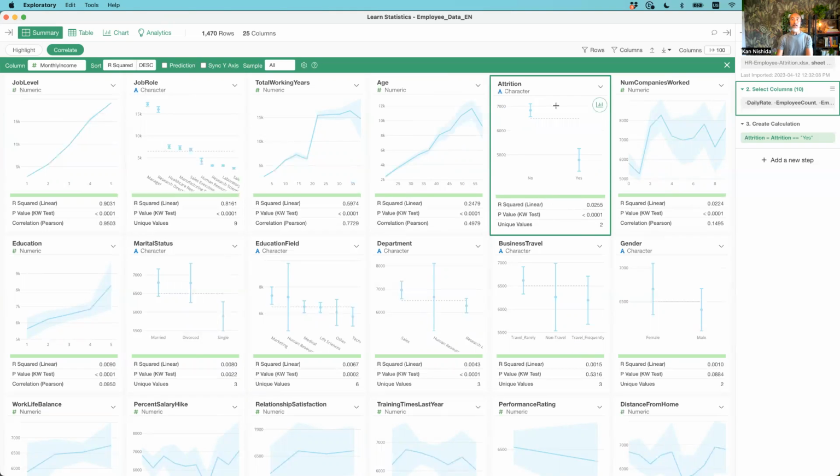Okay, so far we basically used this correlation mode to find any relationship with one particular variable, in this case, monthly income. But sometimes you don't really have one particular thing.